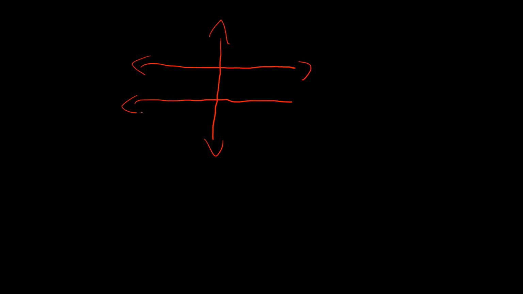Now, let's draw a perpendicular transversal. This is a perpendicular transversal because this line crosses the parallel lines and intersects these lines at 90 degrees.